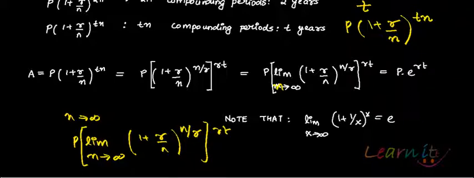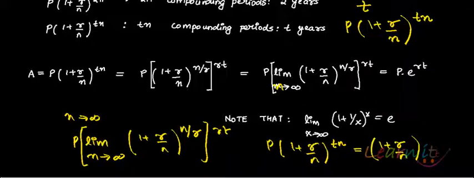But before that, how do you actually get this? You started with the formula P into (1 + r/n) to the power tn. Can I write this as (1 + r/n), then the reciprocal of this, which is n/r, into tn, into rt?